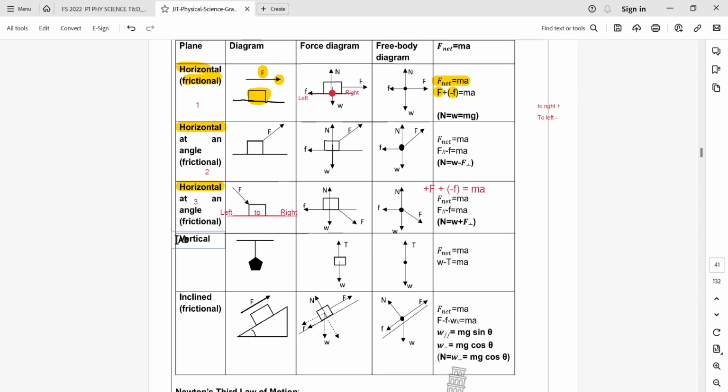The vertical. Now the object is on the vertical. Remember, vertically is the same. It's more like, when coming to mathematics, the y-axis.